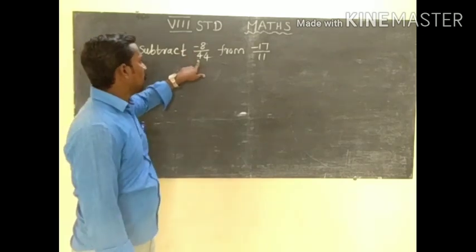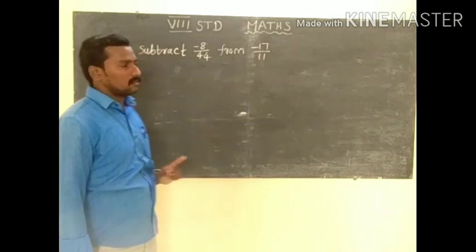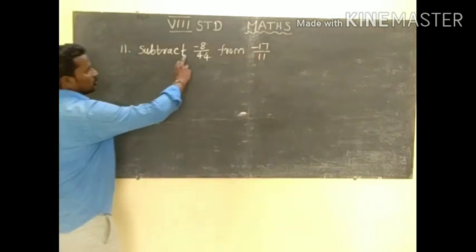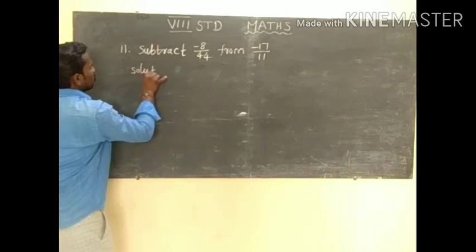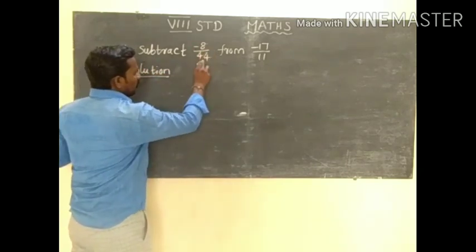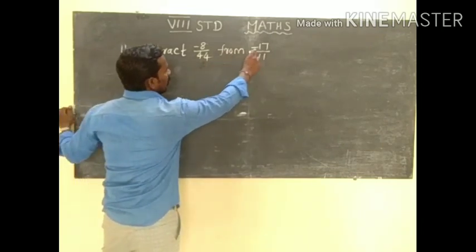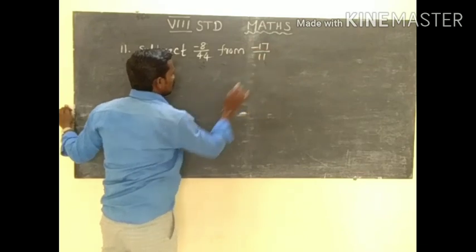Subtract minus 8 by 44 from minus 17 by 11. This is your question. The solution: minus 8 by 44 from minus 17 by 11. So the number we subtract from is written first.